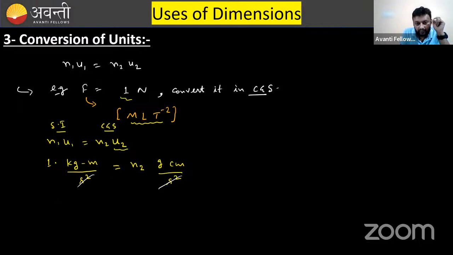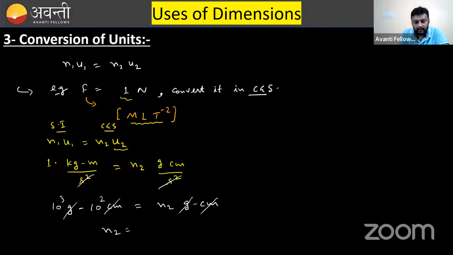You can write that in terms of gram, that is 10 to the power 3 gram. And this meter can be written as 10 to the power 2 centimeter, is equal to N2 gram into centimeter. Now gram and gram can be cancelled, centimeter and centimeter can be cancelled, and N2 will become 10 raised to the power 5.